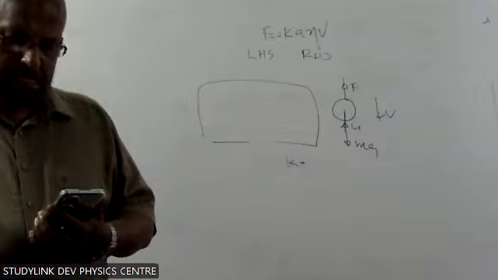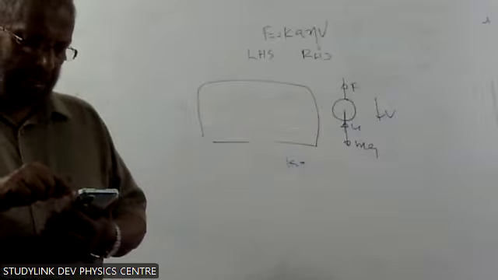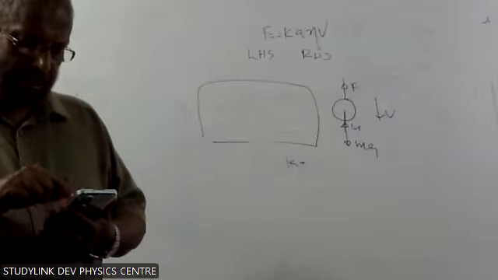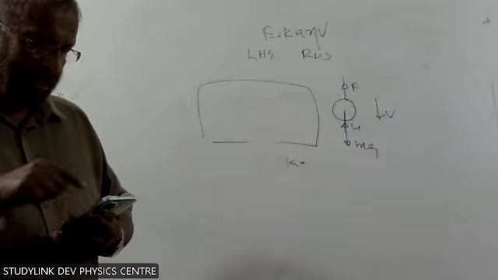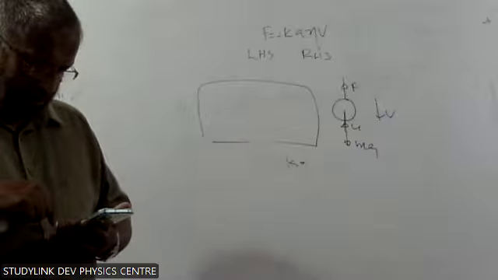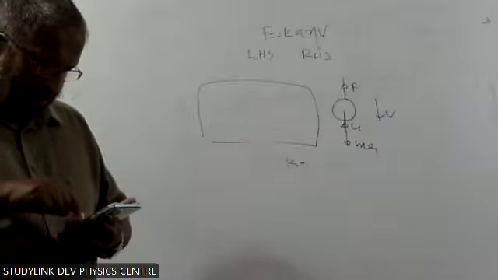Then calculate the time taken to sediment all the particles with radius 8 into 10 to the power minus 6 meters. First they are asking to derive an expression for this.